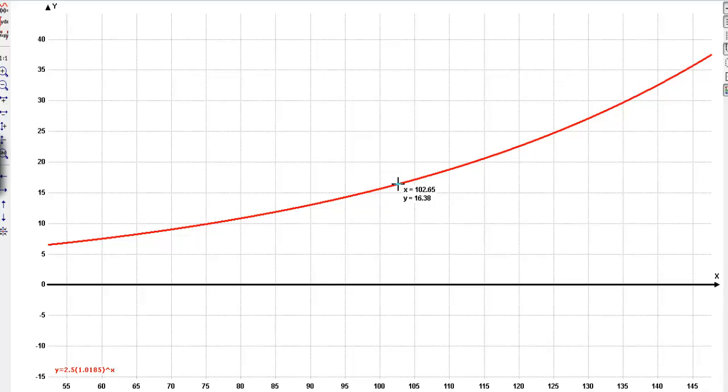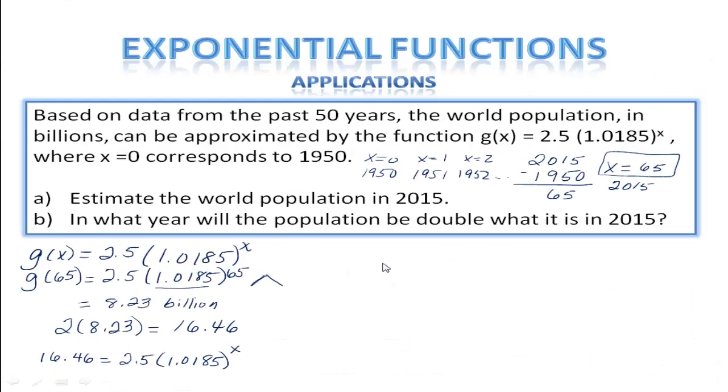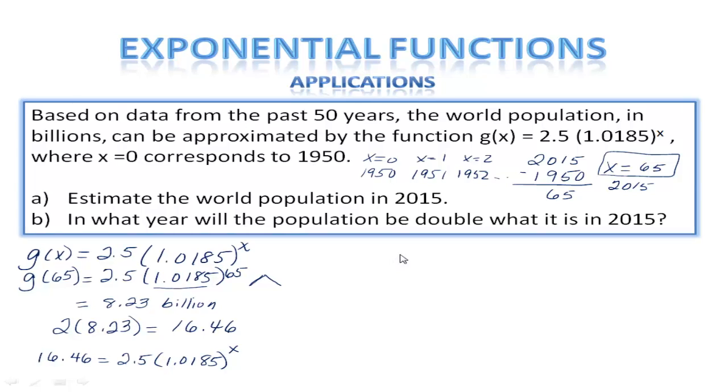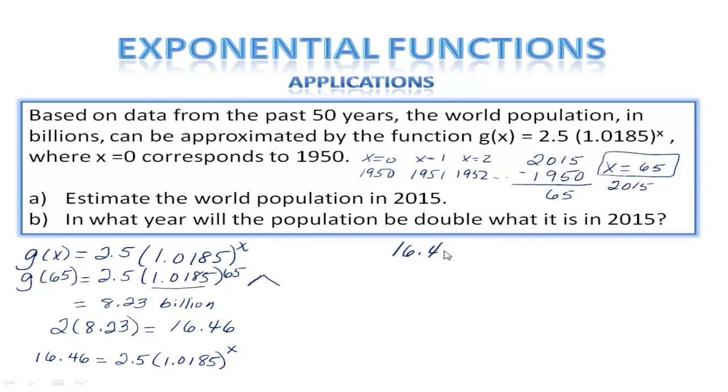Now we have to figure out what year that is. So if x is 102, I have to find out what year that is. Let's go back to our PowerPoint presentation so we can calculate that, okay? We saw in our graph that for letter B, I will have 16.46 billion people on Earth when x is equal to approximately 103.